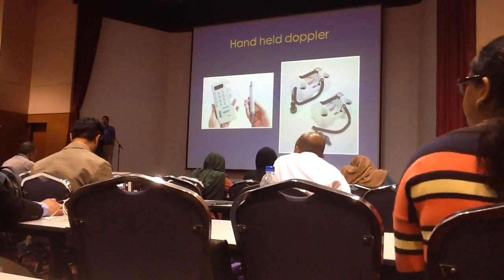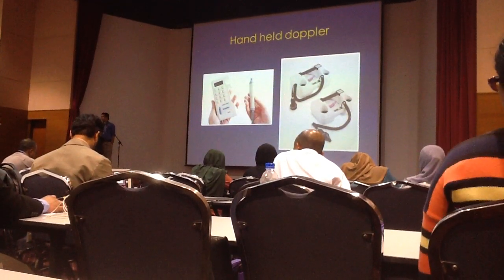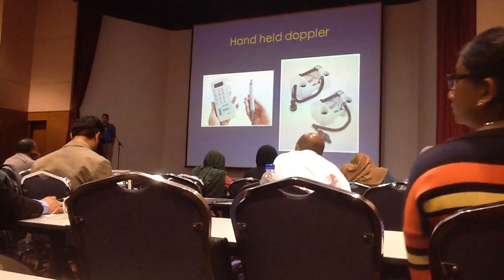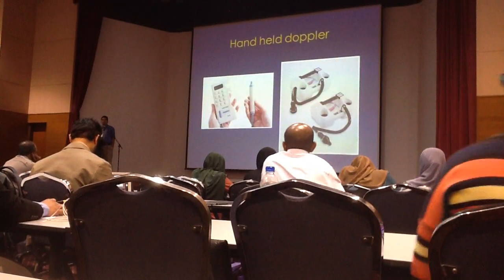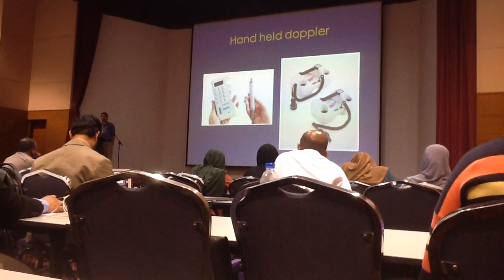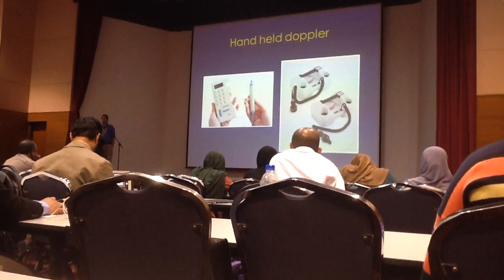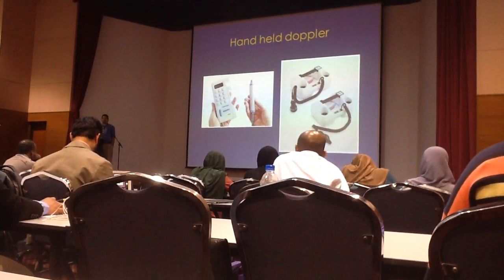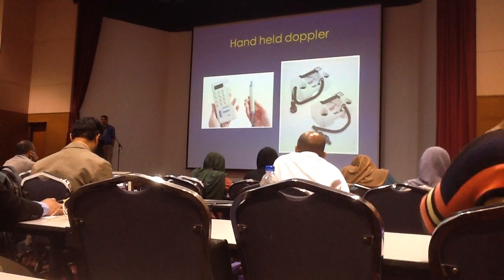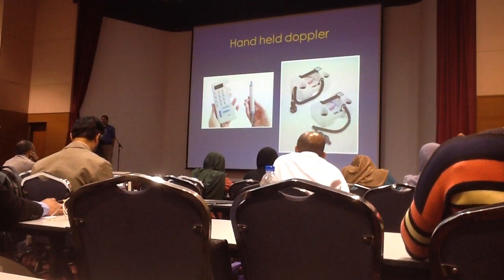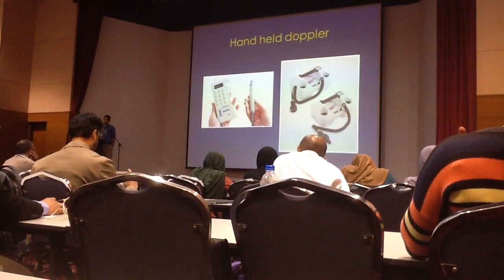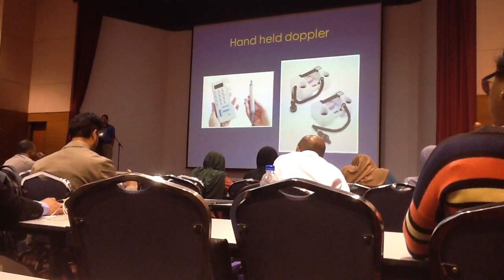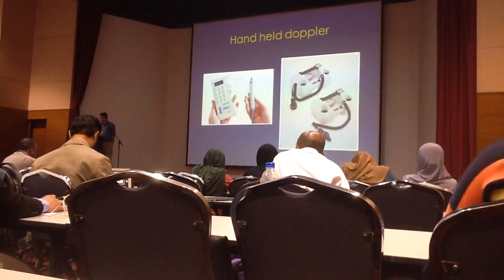I think the Doppler has now become common and everybody knows how to use it, and most units have got it. So this is, I think, among the most important basic bedside tools that you can have, and you can decipher and tell whether you're going to do it in your unit, or you're going to refer it to a vascular surgeon.